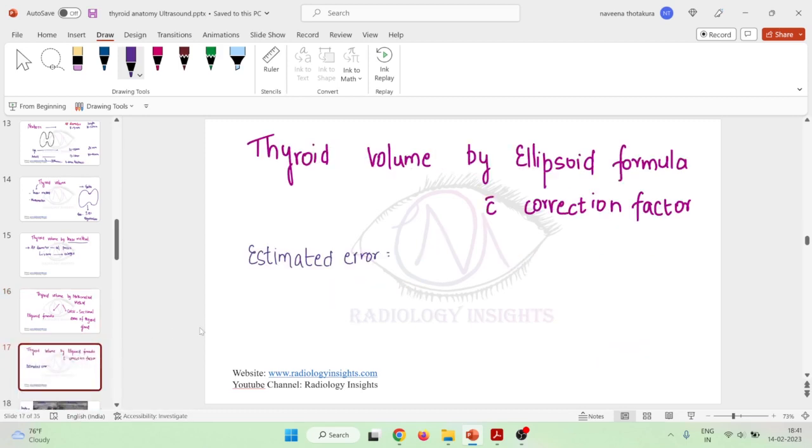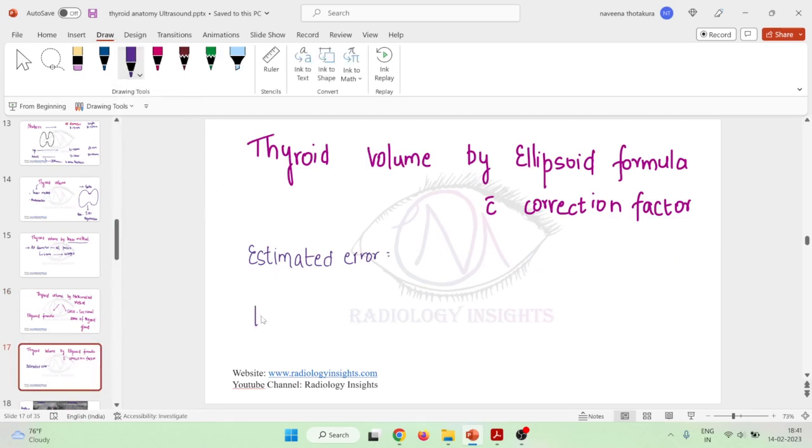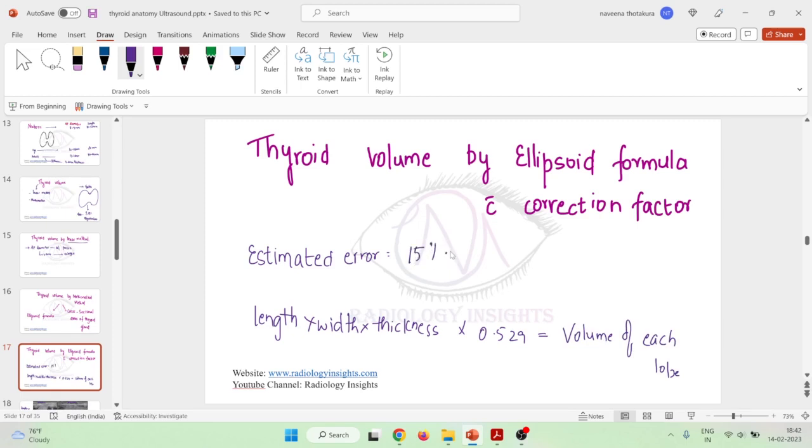In the ellipsoid formula, you will have to see the length of the thyroid gland into width of the thyroid gland into depth or thickness of the thyroid gland multiplied by 0.529, which will give the volume of each lobe of thyroid gland. Using this method, the error is around 15%.